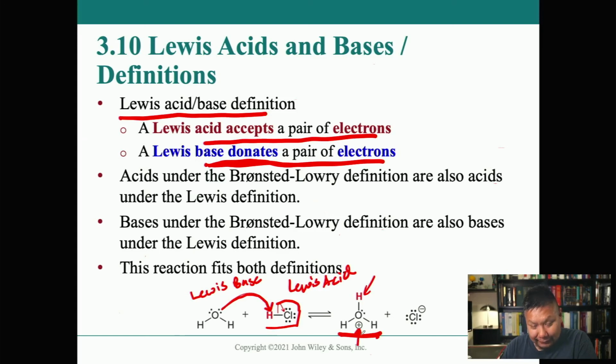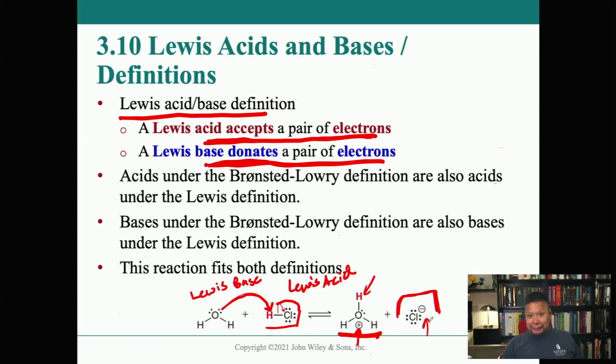And that's why it's got a positive charge now. Then if you look over here, the chloride ion received or accepted a pair of electrons, because it got it from the bond that was broken between the hydrogen and it when the water took the proton. And that's why it's got a negative charge now.